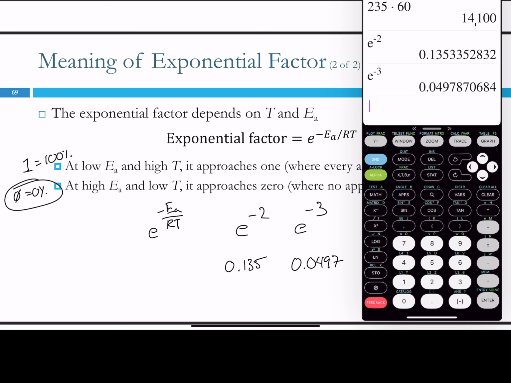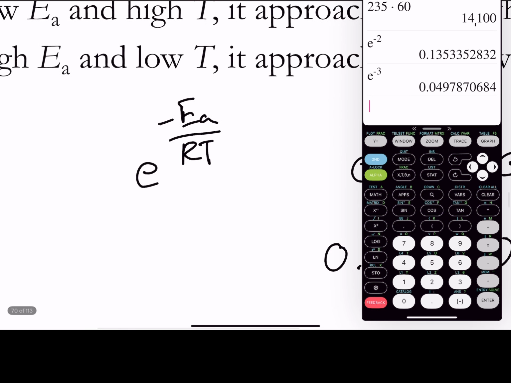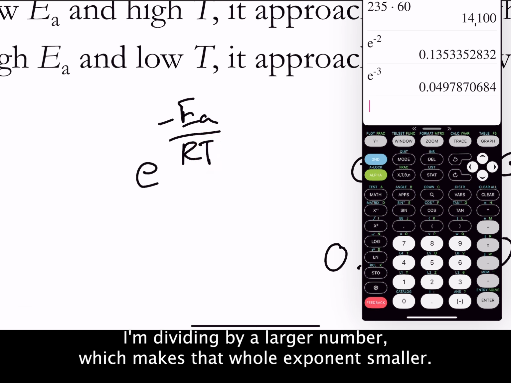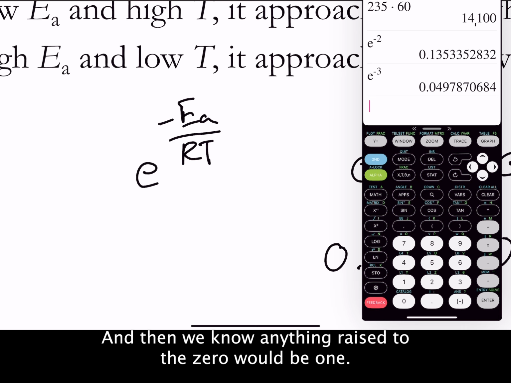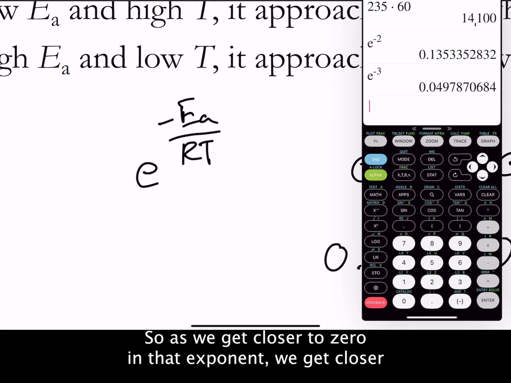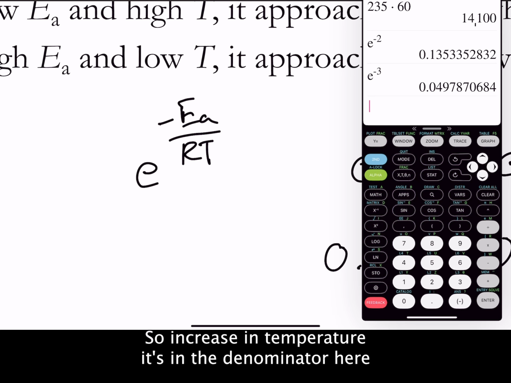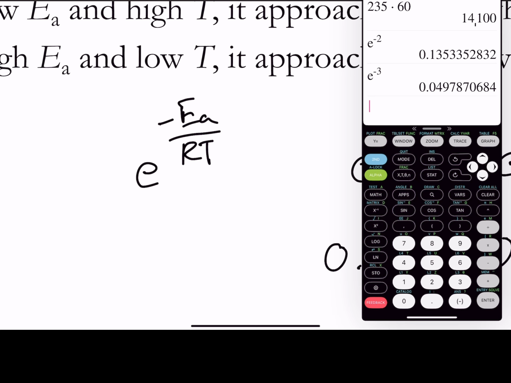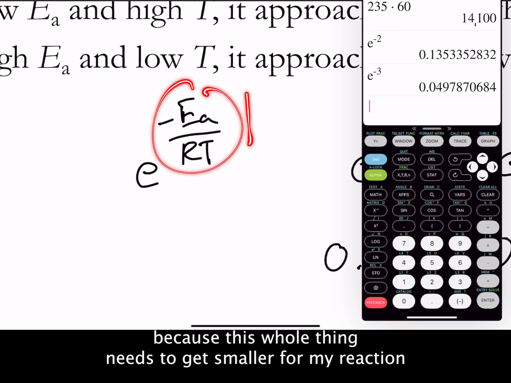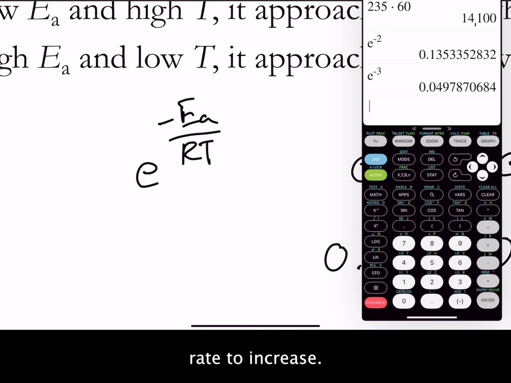So if we just zoom in on this, if this gets larger, I'm dividing by a larger number, which makes that whole exponent smaller. And we know anything raised to the 0 would be 1. So as we get closer to 0 in that exponent, we get closer to a factor of 1. So increasing temperature, it's in the denominator here because this whole thing needs to get smaller for my reaction rate to increase.